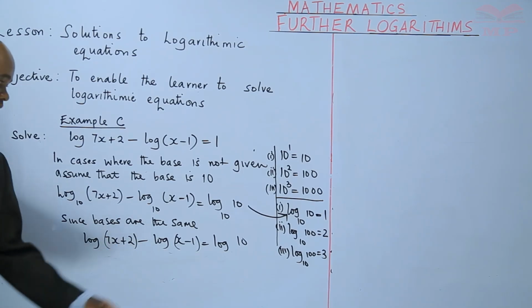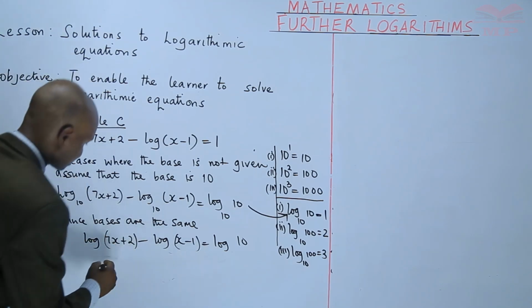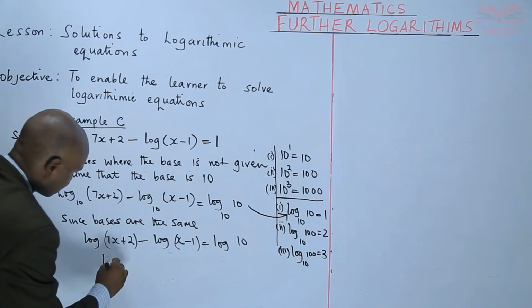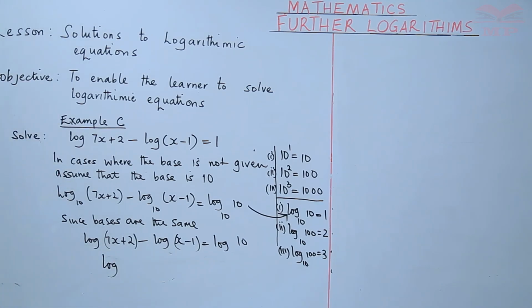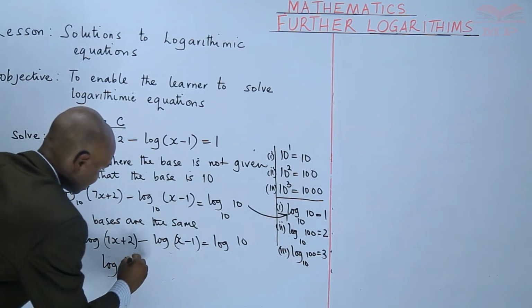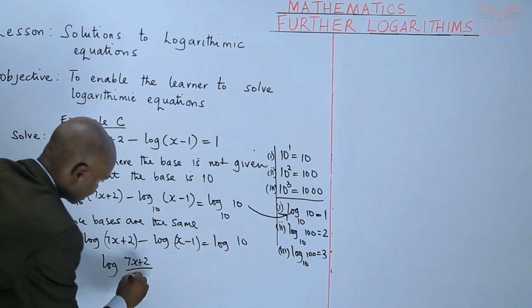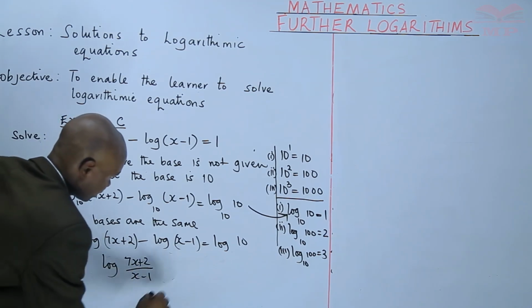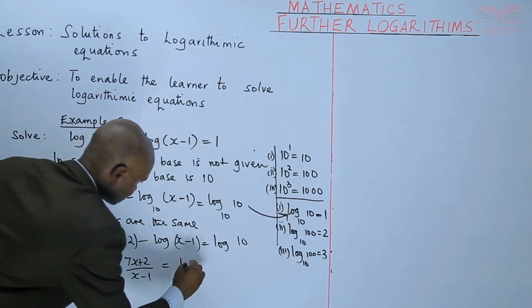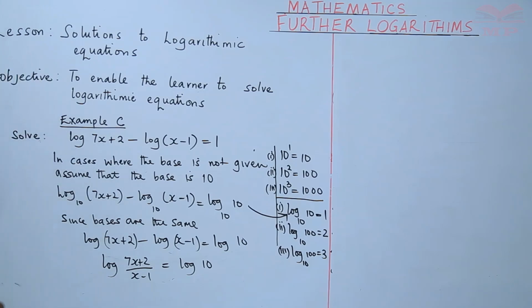When we have logarithms and subtraction, you divide. So this will be the same as log of 7x plus 2 over x minus 1 is equal to log 10.